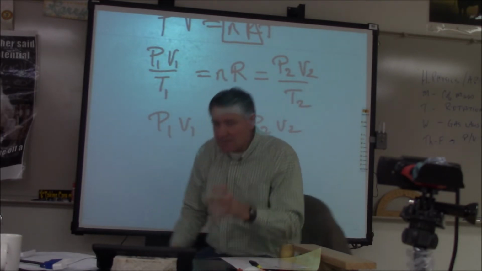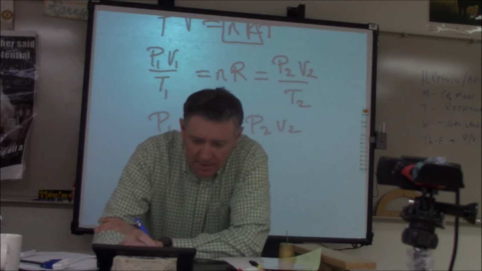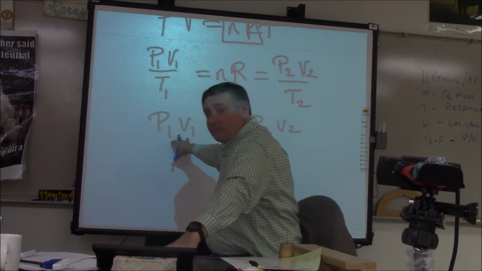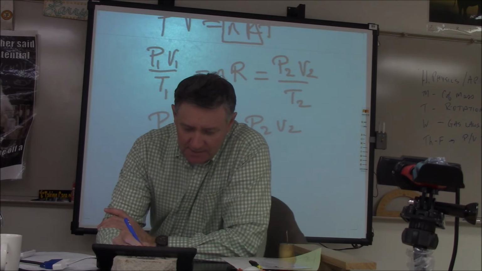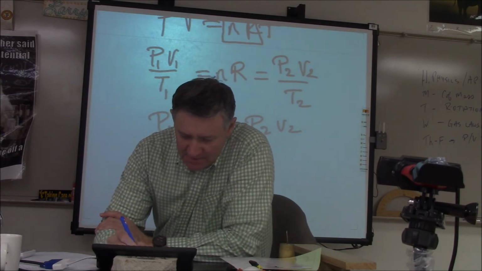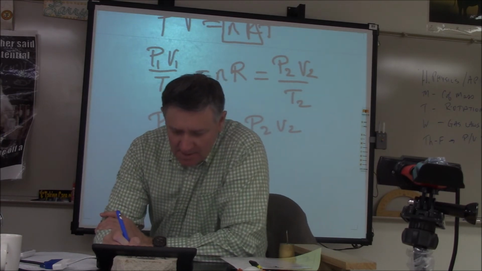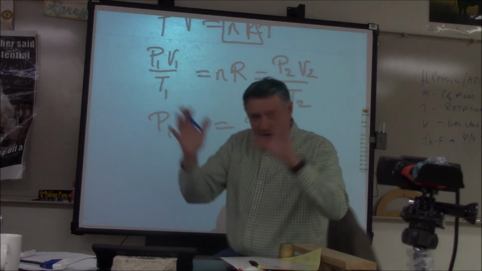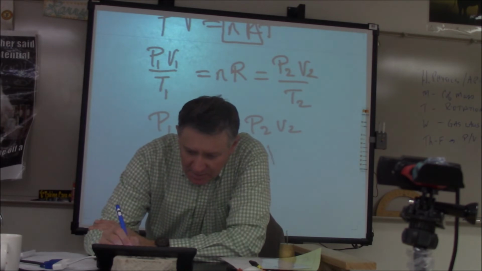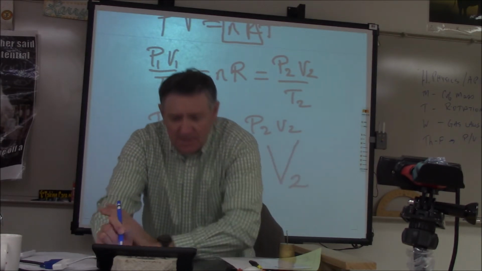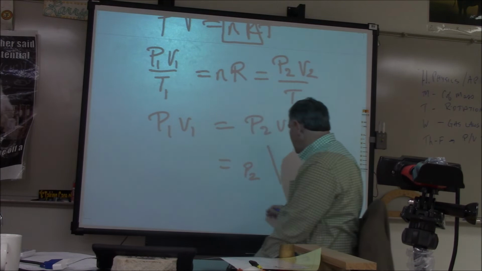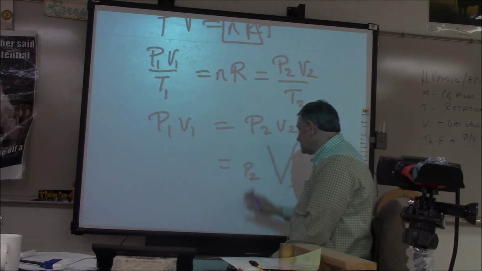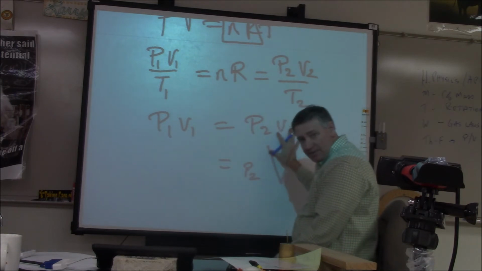So when I hooked it up to the vacuum pump, I still have to have the same P1 V1. So I have to have this number over here stay the same. So then, by dropping that pressure, and making the pressure become a smaller value, to compensate for that, the balloon then got bigger. So if I drop the pressure, I'm going to increase the volume.